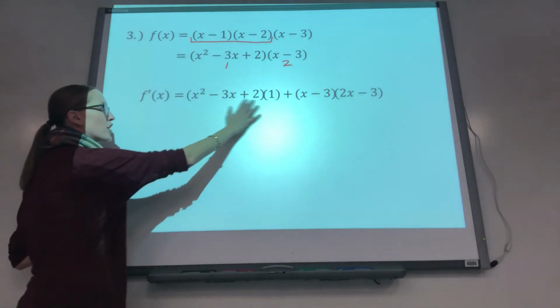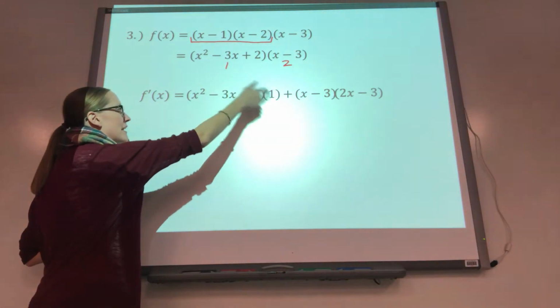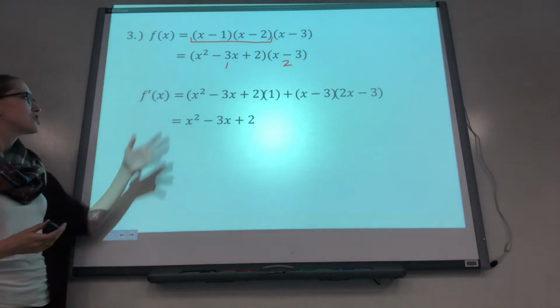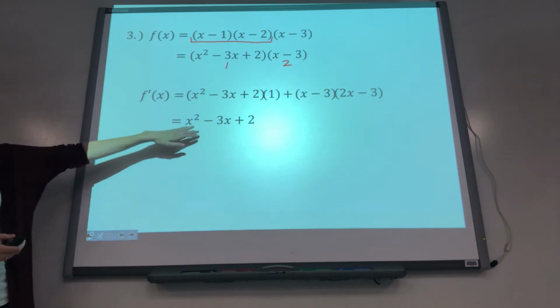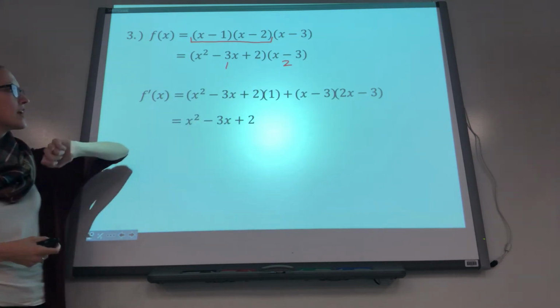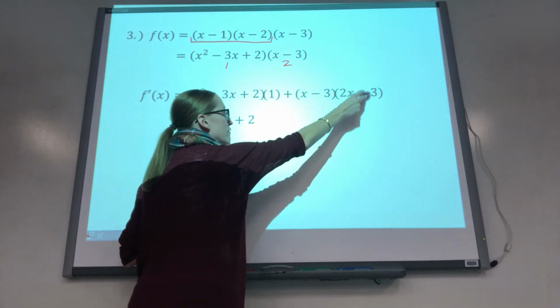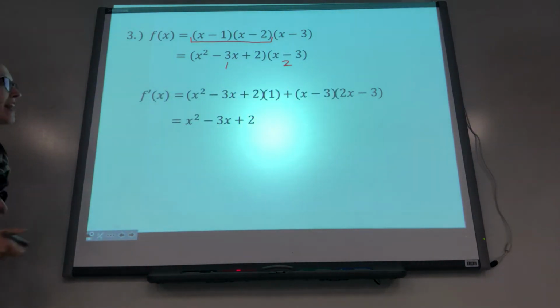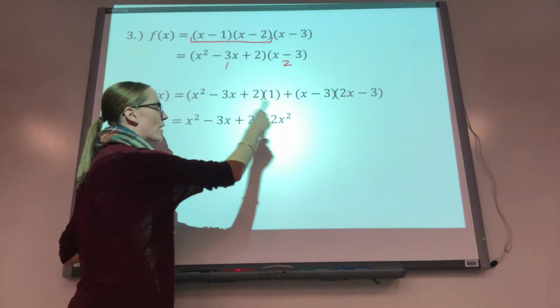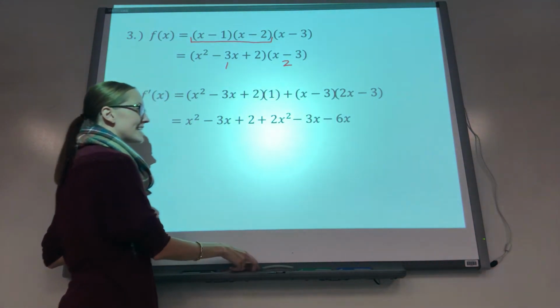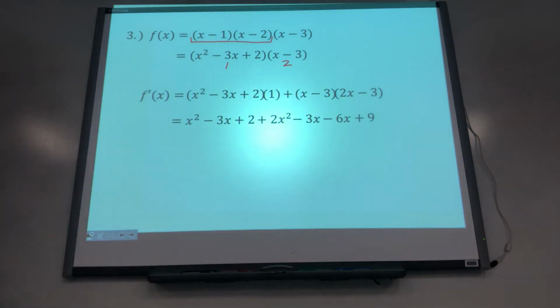So with this first quantity here, if you want to distribute the 1, you can, but anything times 1 is just the thing. So you can just put x squared minus 3x plus 2. And I would go ahead and FOIL back there. That'll give you a 2x squared minus 3x minus 6x plus 9.